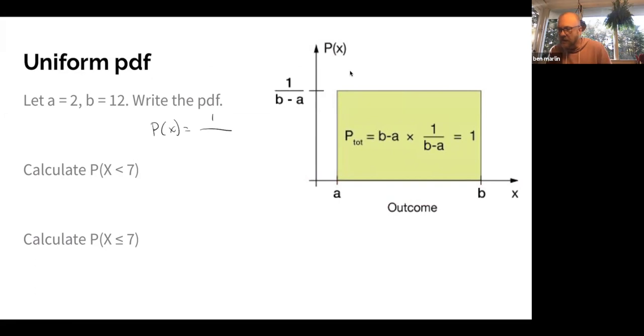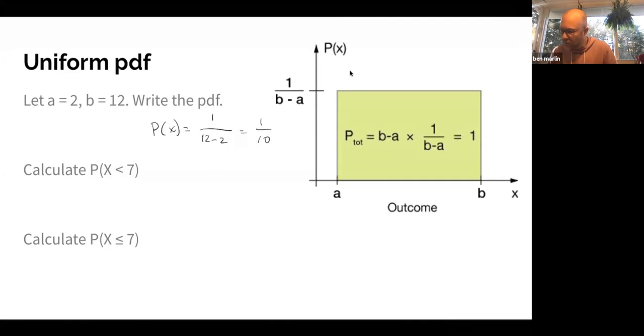So if you're asked to write the PDF here, you would write p of x equals 1 over, what did we say here? A is 2 and b is 12. So 12 minus 2, so we would say 1/10. So if you're doing a uniform PDF from 2 to 12, the actual function you deal with is just the constant 1/10, okay?